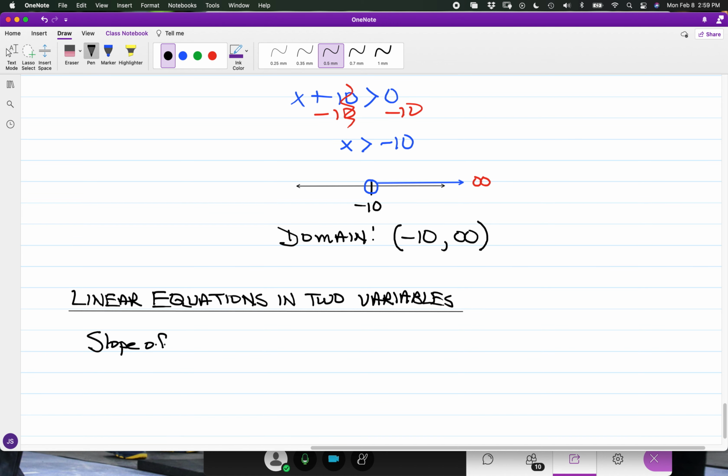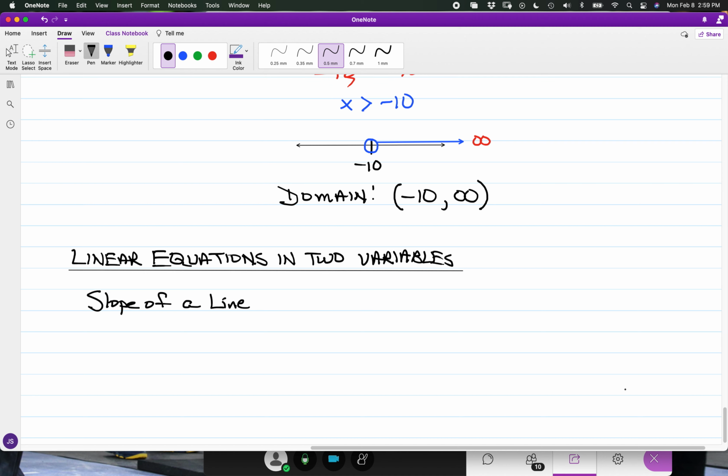And for the slope of a line, the slope of a line that's going to run through 2 points.